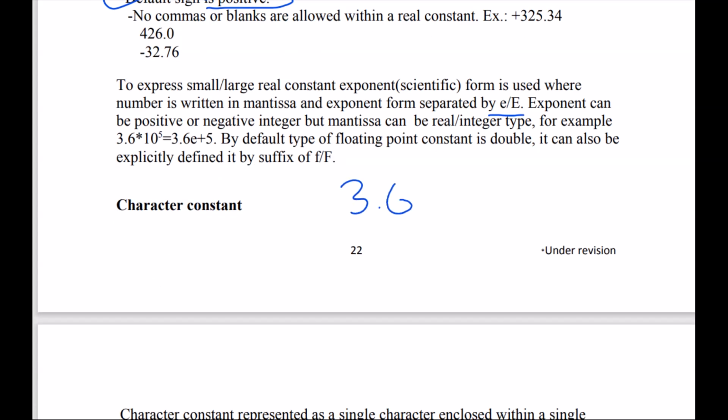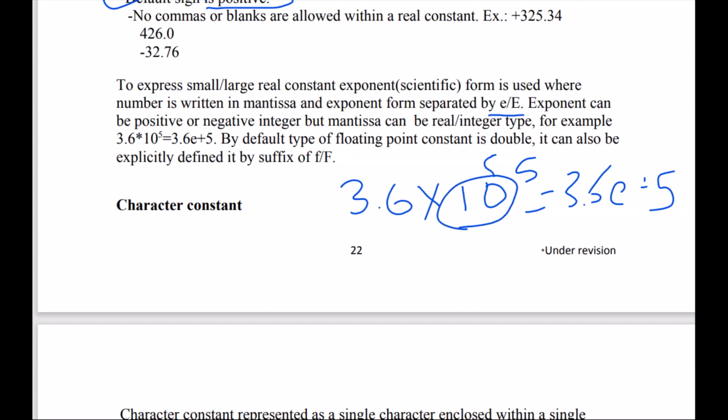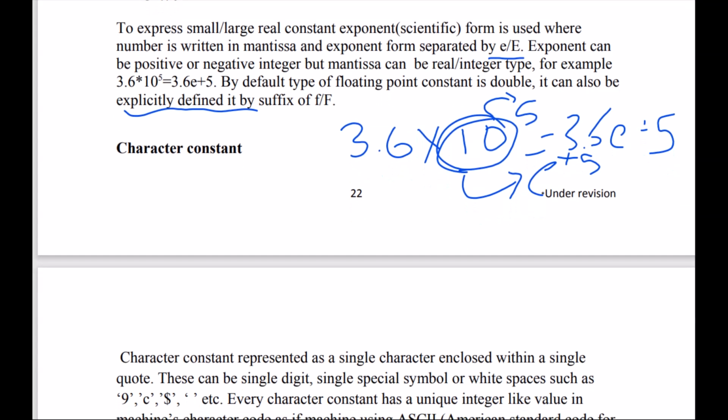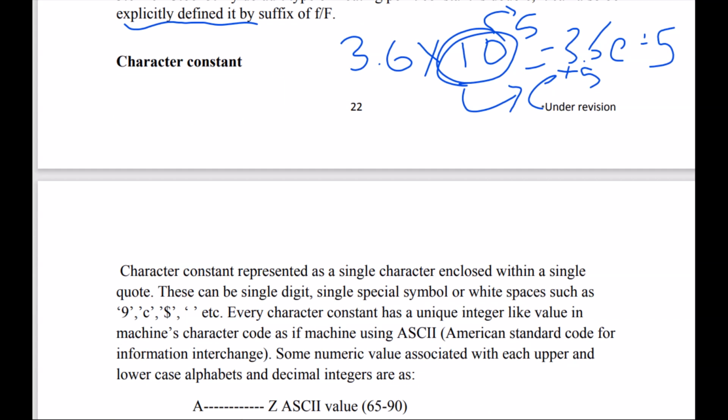For example, 3.6 times 10 to the power 5 is equal to 3.6e+5. By default, the type of a floating point constant is double. It can also be explicitly defined by the suffix f or capital F.